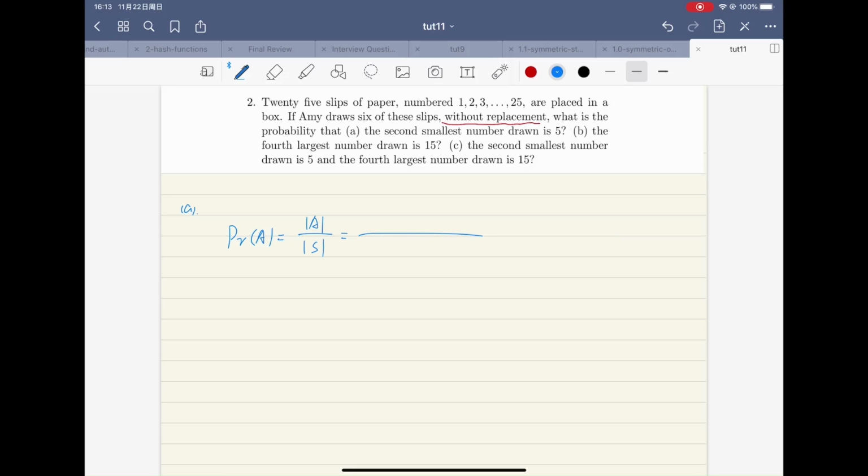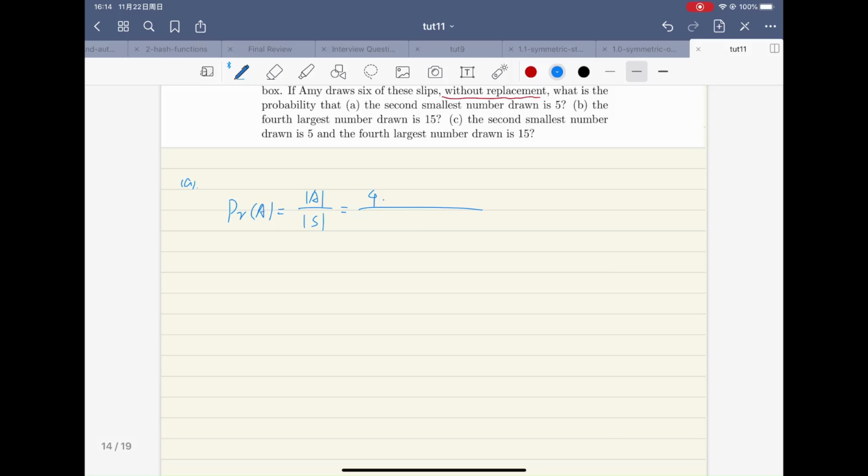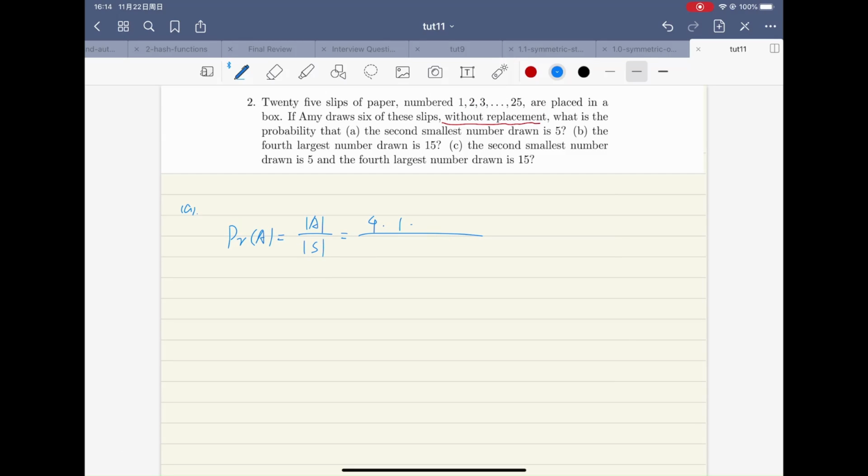For the smallest number we have 4 choices, and then we choose 5 for the second smallest, so we have only 1 choice, and then we have 20 choices for the remaining numbers.